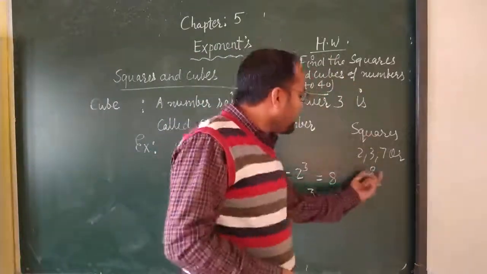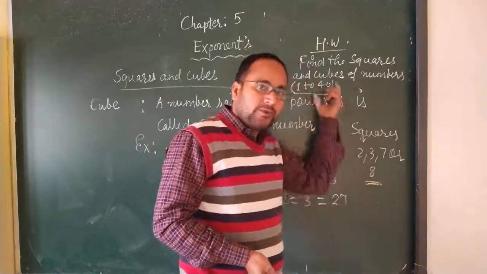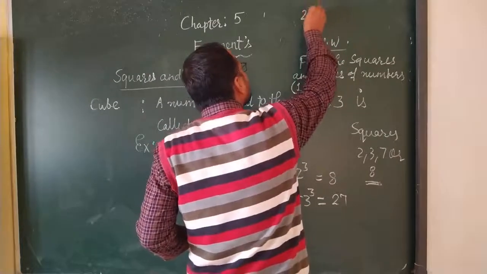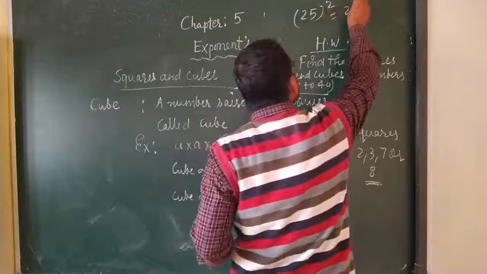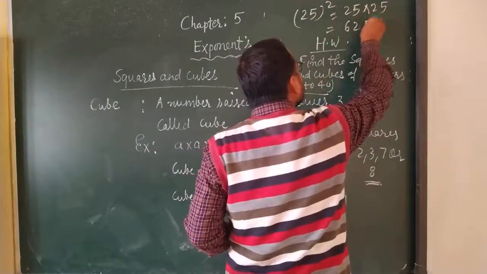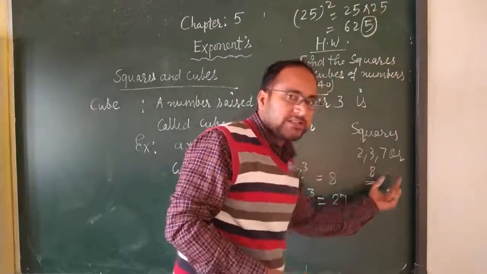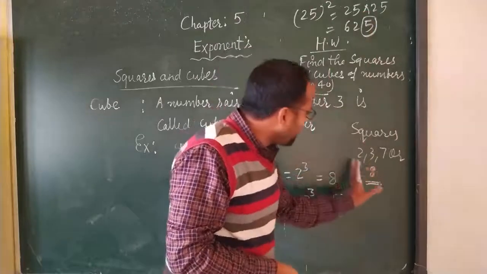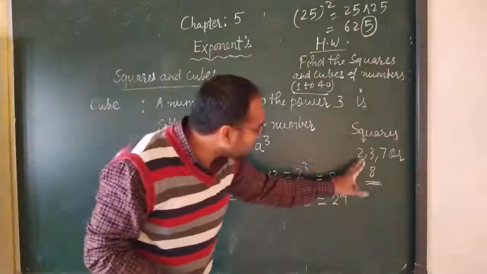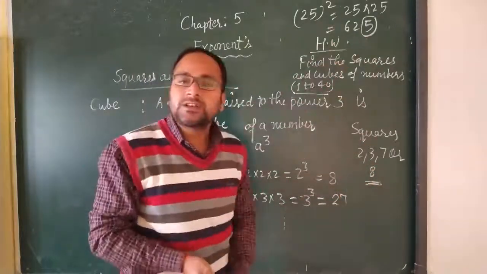Suppose you are finding the square of 25: 25 is multiplied by 25, you will get 625. So in the unit place, no one is 2, 3, 7 or 8, it is a 5. So in squares, you will not get any of these 4 numbers, 2, 3, 7 or 8, in the unit place.